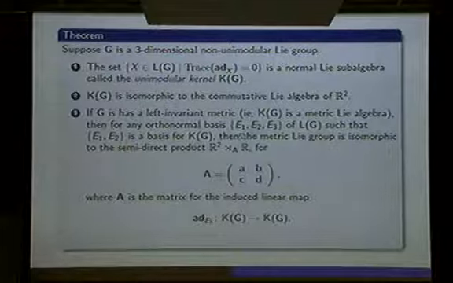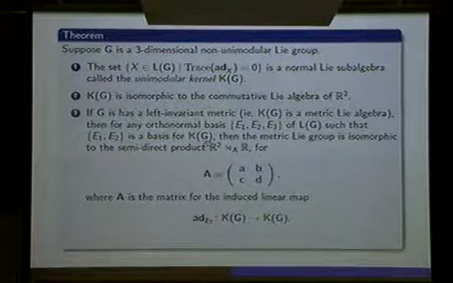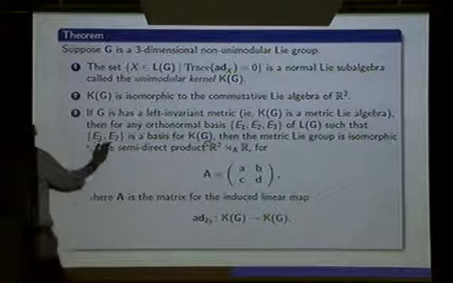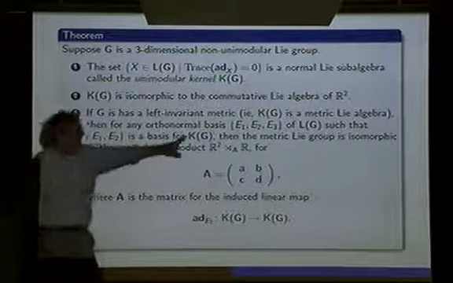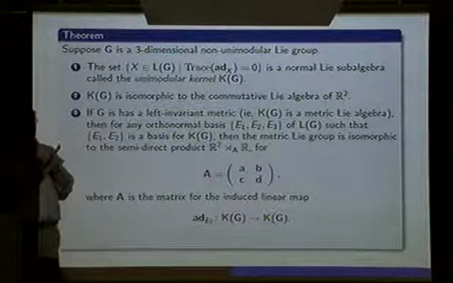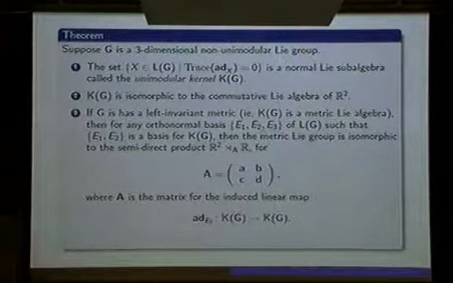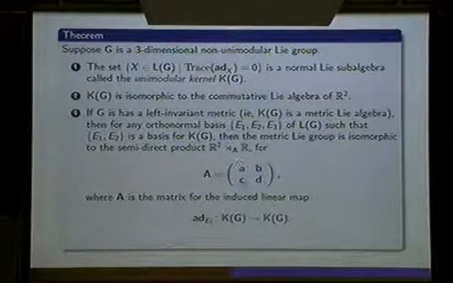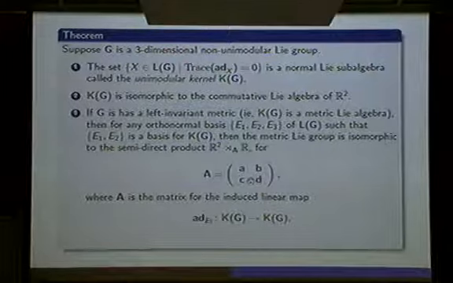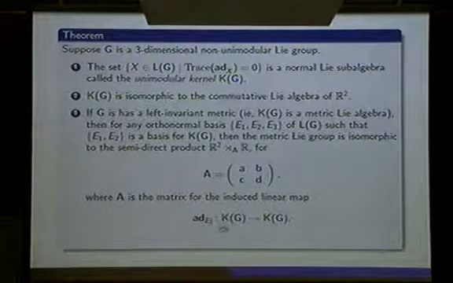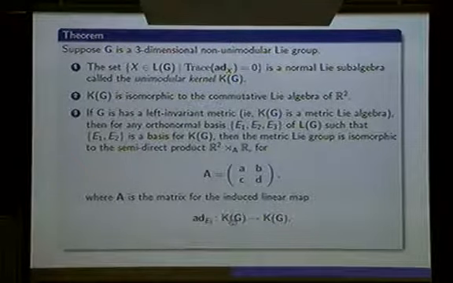So you find an orthonormal basis: E1 and E2 are a basis for the unimodular kernel. You pick a third vector E3 which is perpendicular and of length 1. This E3 gives you a non-trivial map from here to here, and it has a matrix, and that matrix has this form.